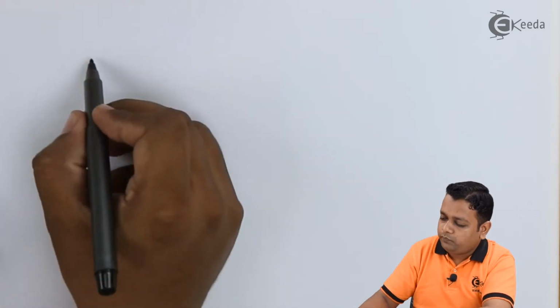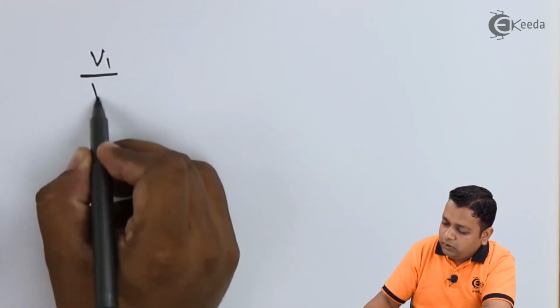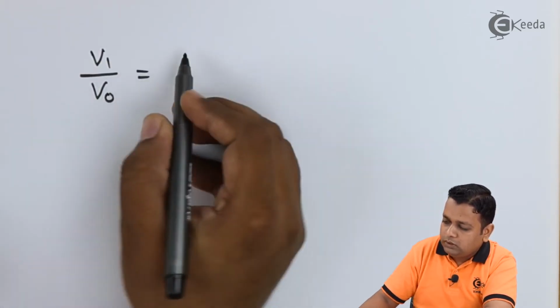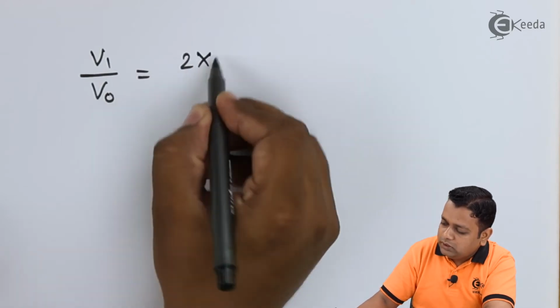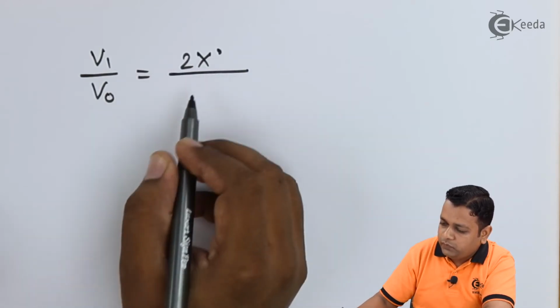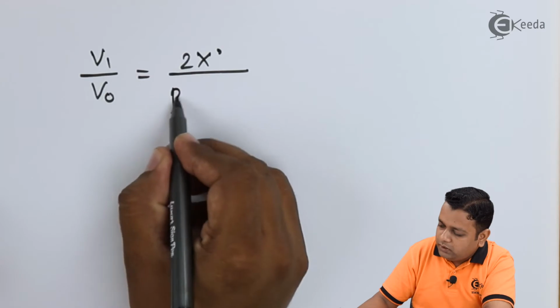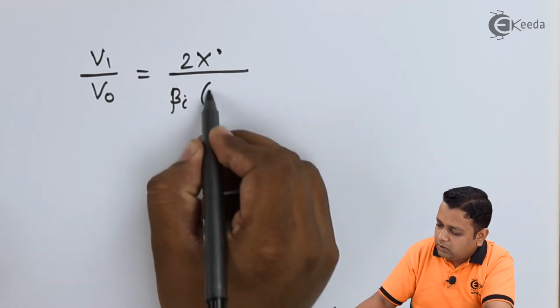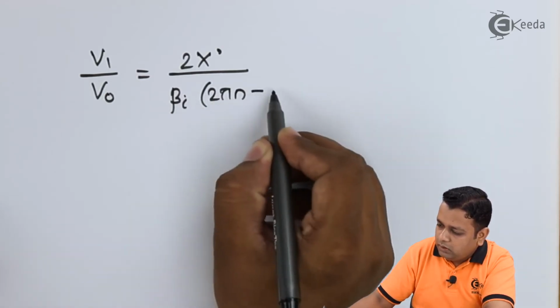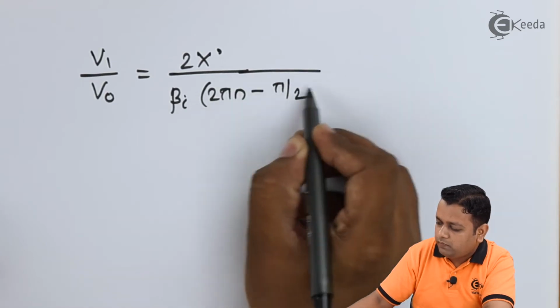The ratio of V1 to V0 can be given by V1 divided by V0 equal to twice x dash divided by beta suffix I in the bracket 2 pi n minus pi by 2.